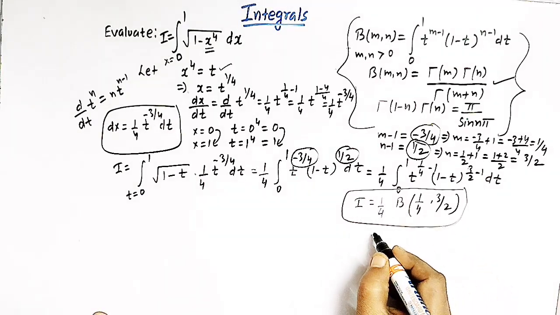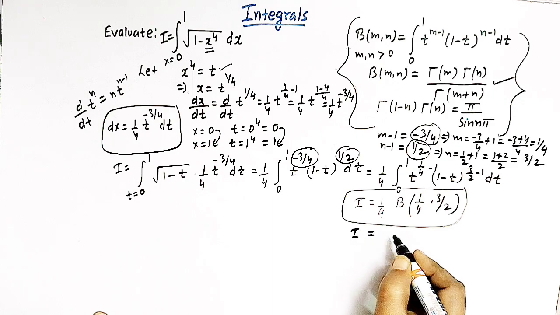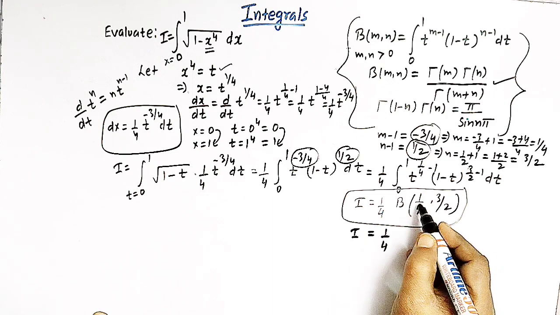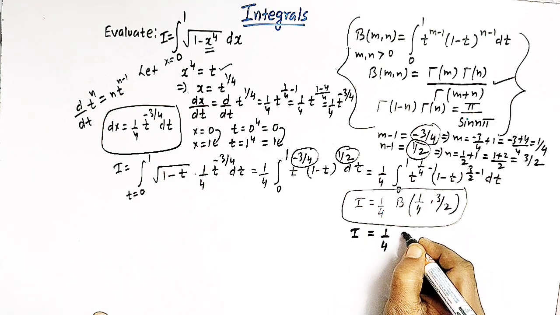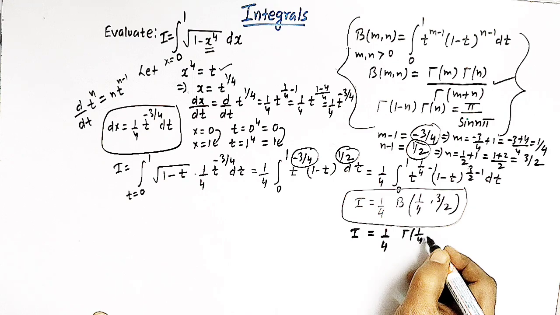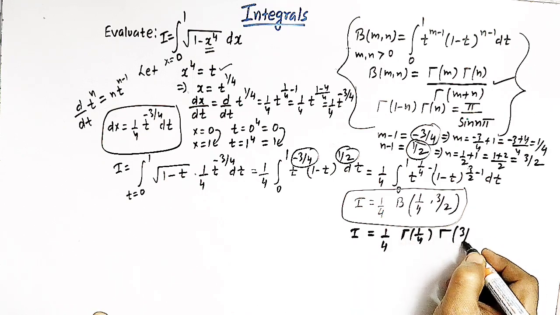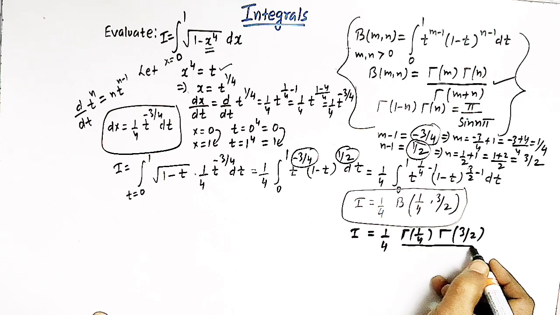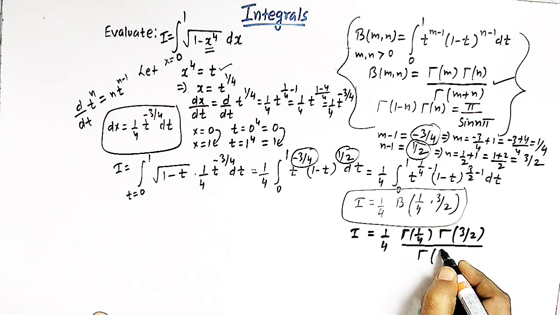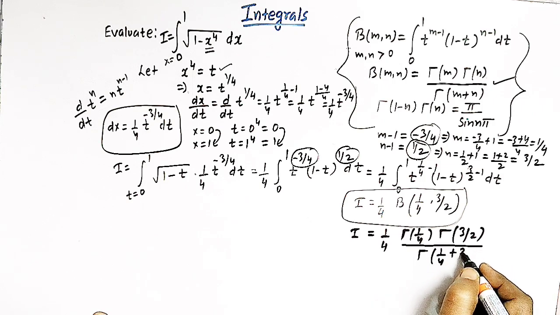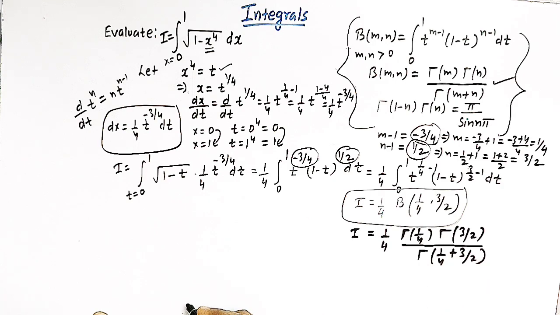So now we can write this integral I as 1 over 4, then we have gamma 1 over 4, and then we have gamma 3 by 2, and in the denominator we have gamma of 1 by 4 plus 3 by 2, right?